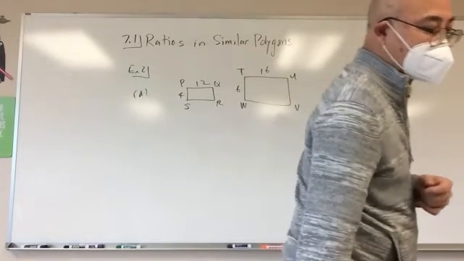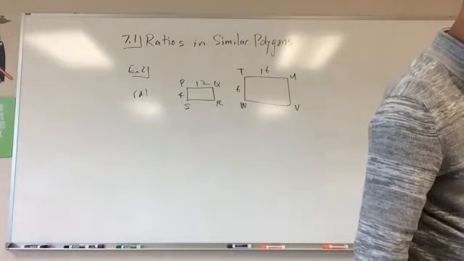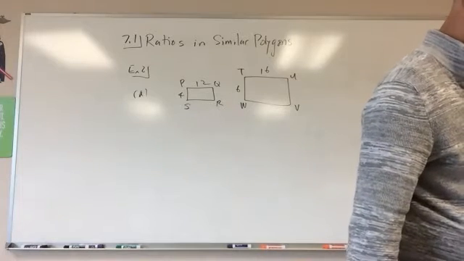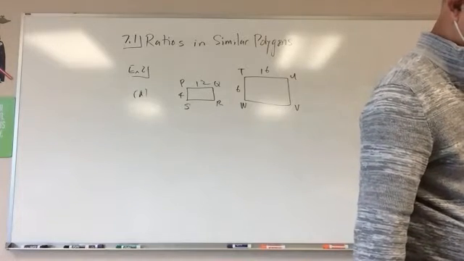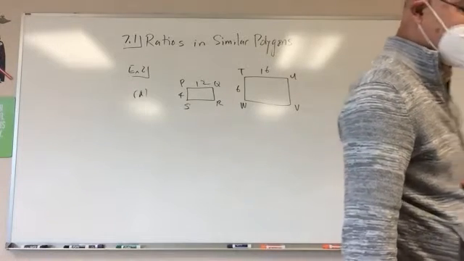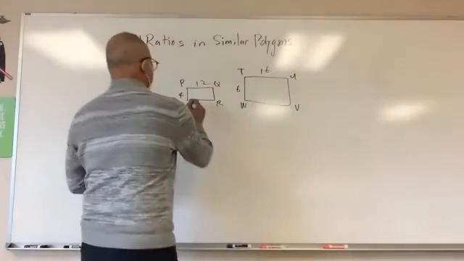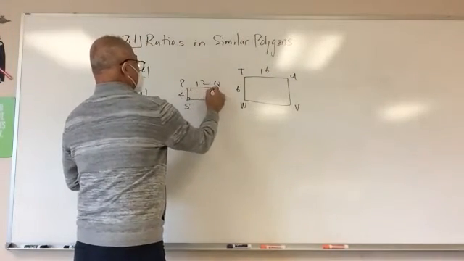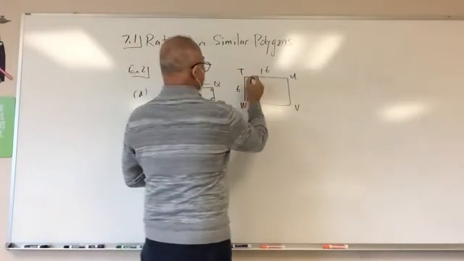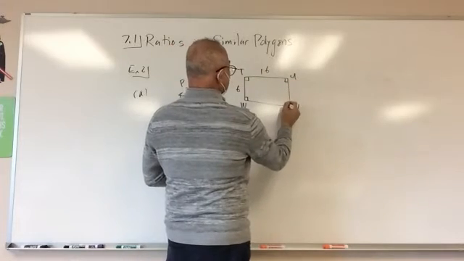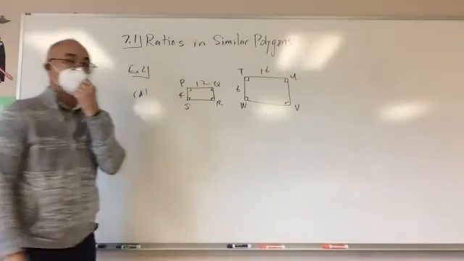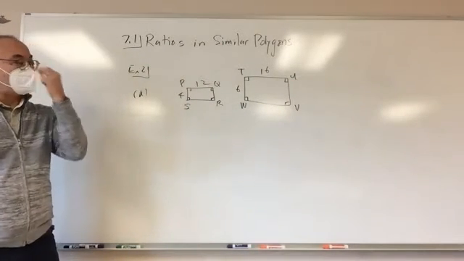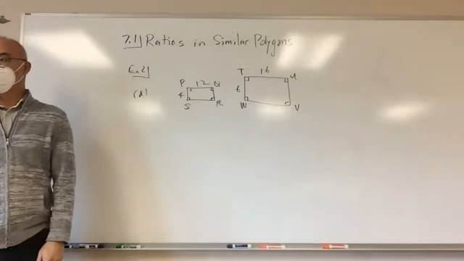Does it really say here that they're rectangles? I guess it does. It says rectangles PQRS and TUVW. Since we know that they are rectangles, that means that all of these angles must be 90 degrees, which means that every single one of the corresponding angles are the same, correct?